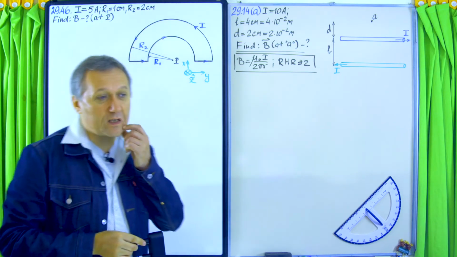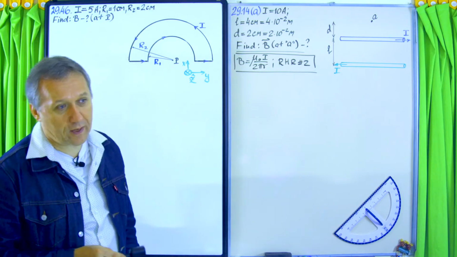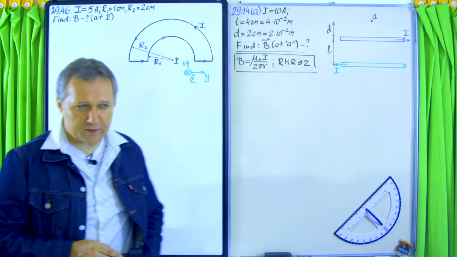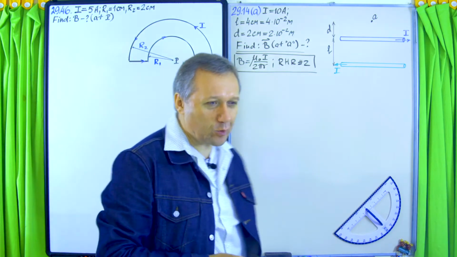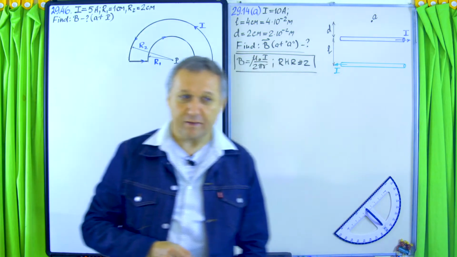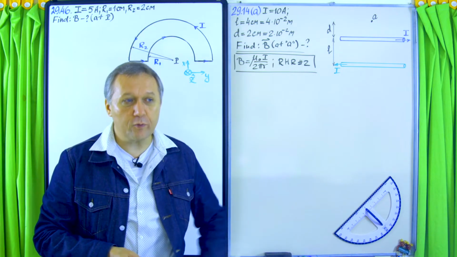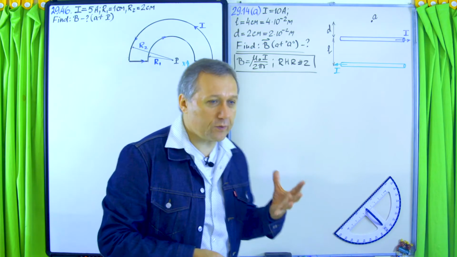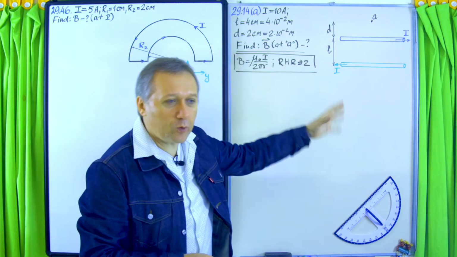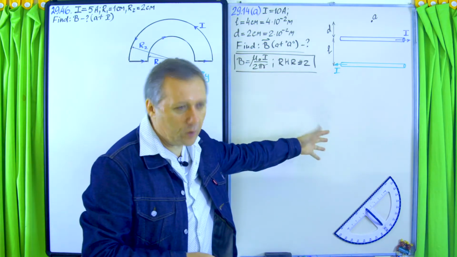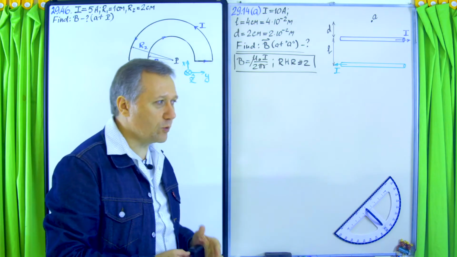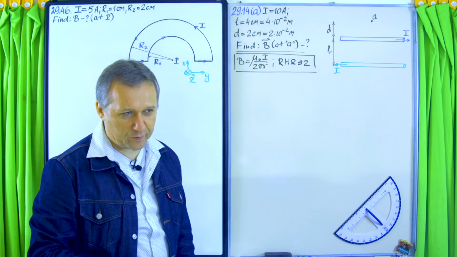Before I start drawing vectors at point A, let me introduce a coordinate system, because I want to write the answer at the end as a vector, because it is a vector. Of course, you can use words, for example, magnetic field B1 will be into the board, or out. But I want to use vector form.